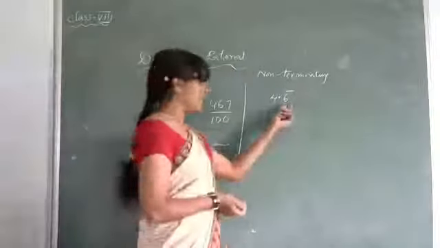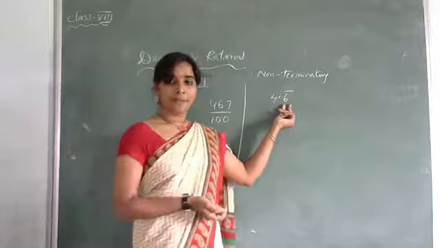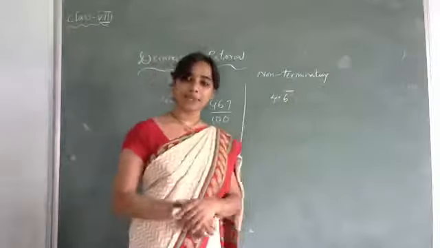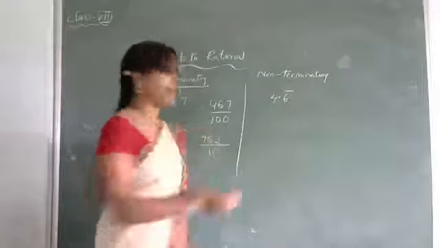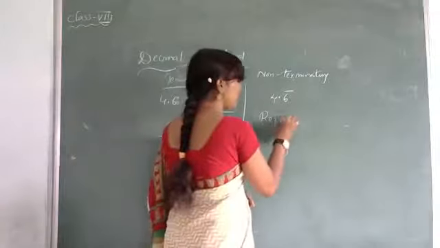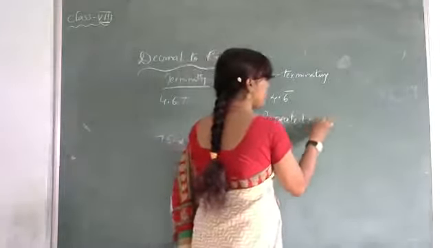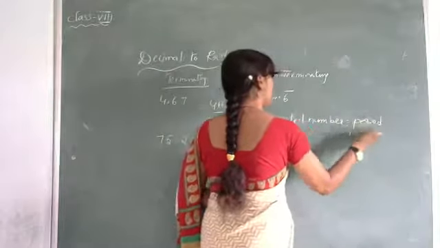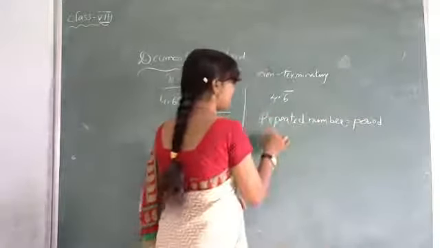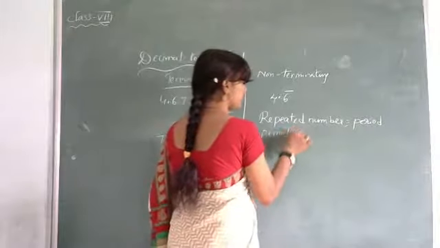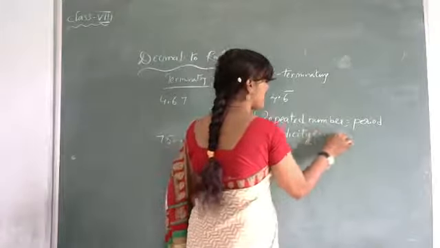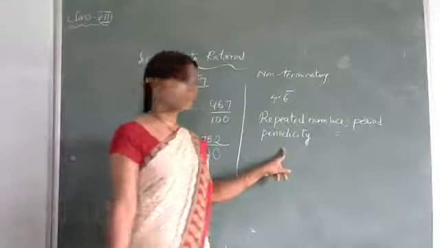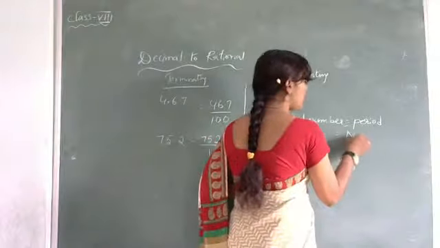Period means the repeated number is called period, children. Whatever the number repeated, that is called period. Periodicity means how many numbers are repeating, the number of digits repeating.